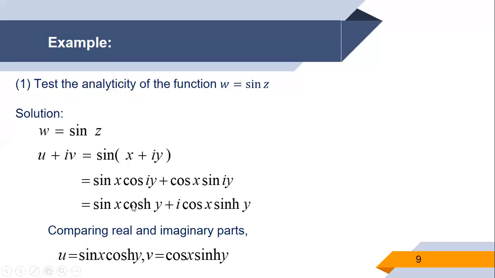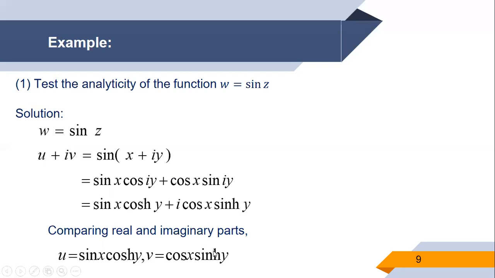Therefore we replace both formulas: cos iy is cos hyperbolic y, and sin iy is i sin hyperbolic y. Then we get the real part as sin x cos hyperbolic y, and the imaginary part as cos x sin hyperbolic y. So u is the real part and v is the imaginary part.